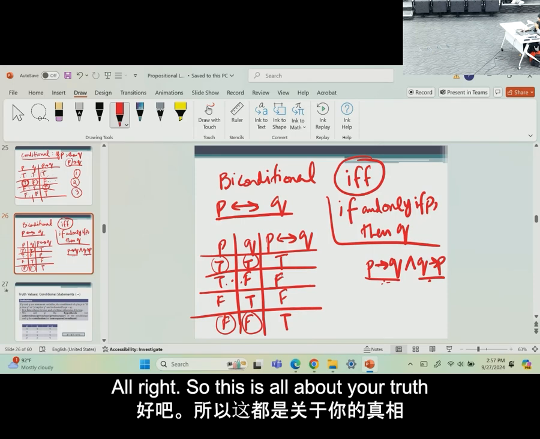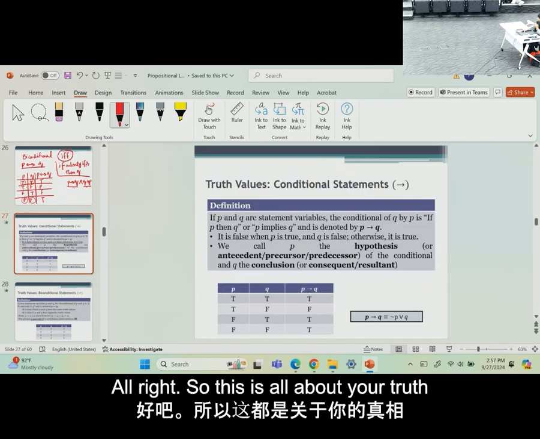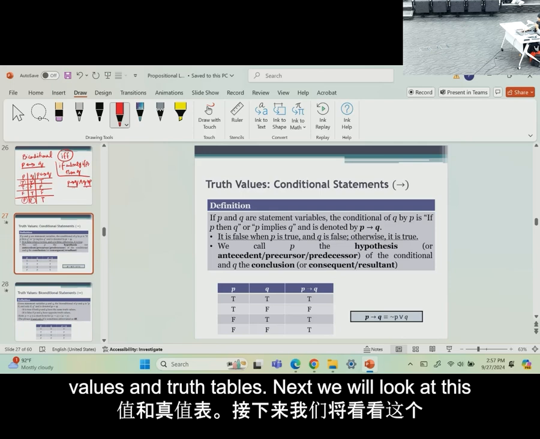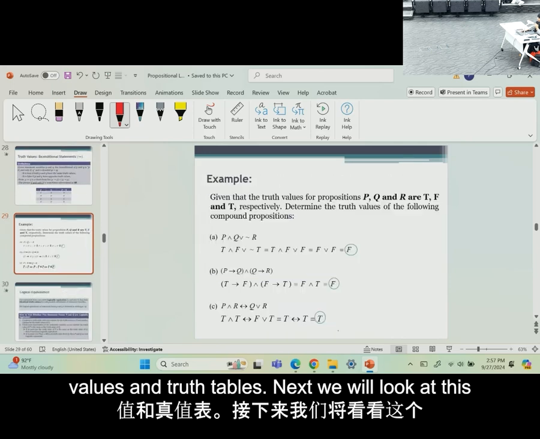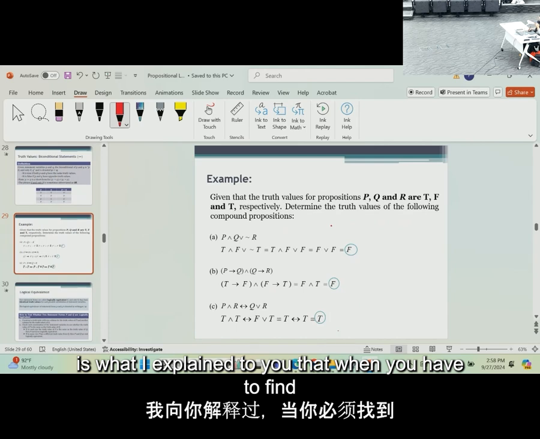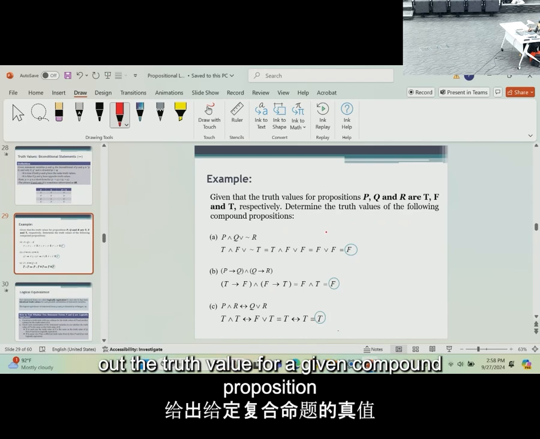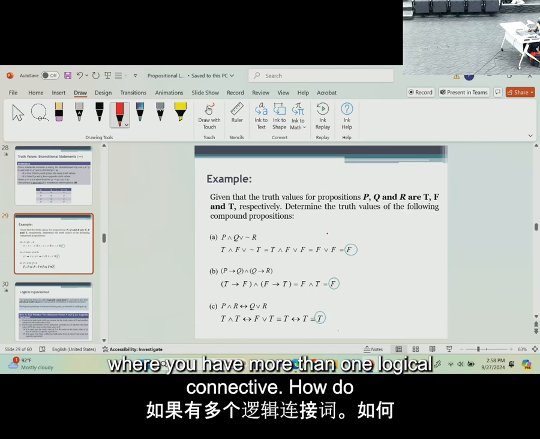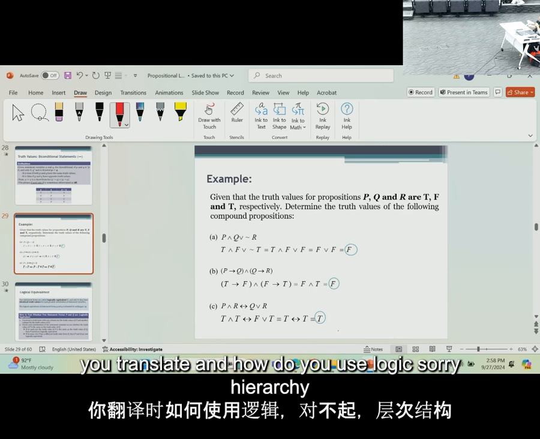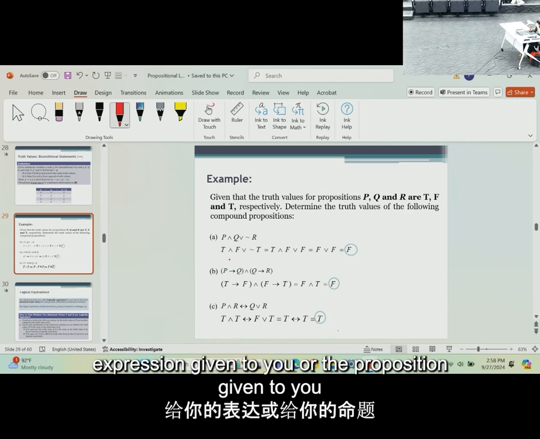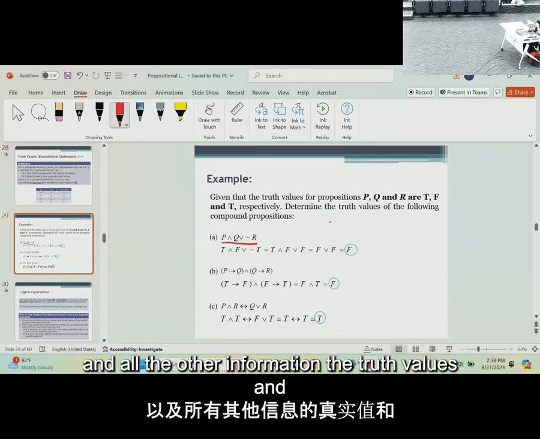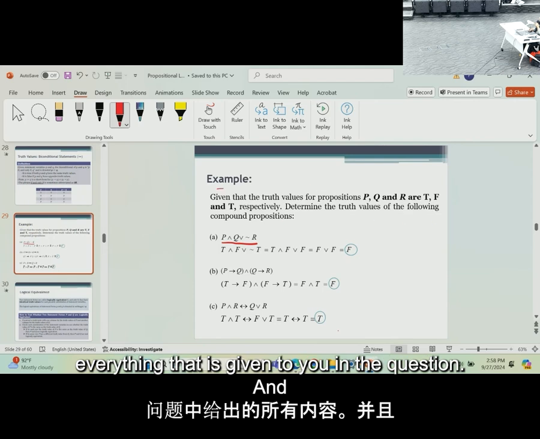All right. So this is all about your truth values and truth tables. Next, we will look at what I explained to you, that when you have to find out the truth value for a given compound proposition where you have more than one logical connective, how do you use the hierarchy of the logical connectives to solve the expression or the proposition given to you, along with all the other information, the truth values and everything that is given in the question.